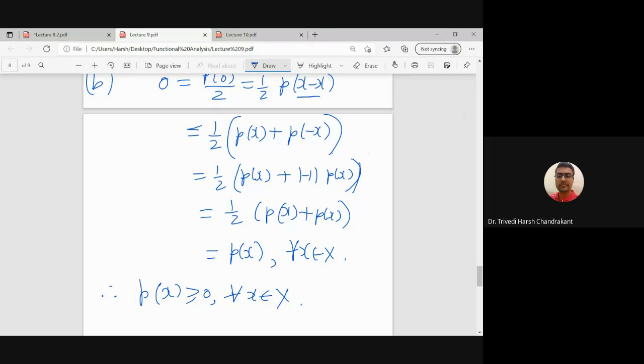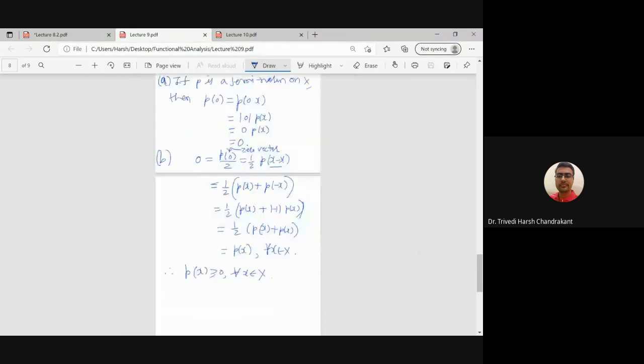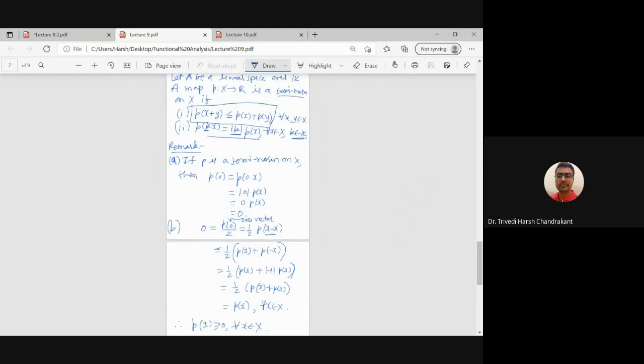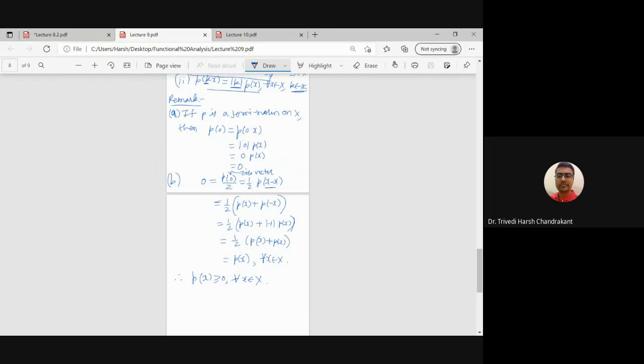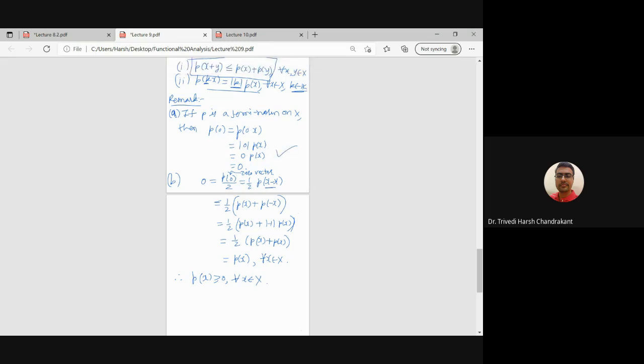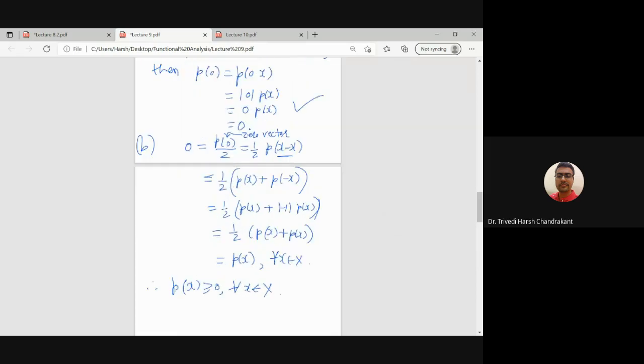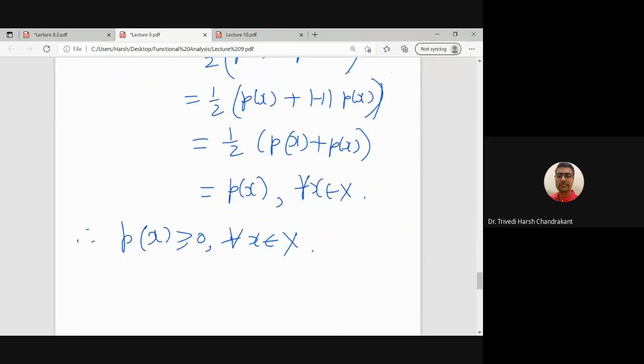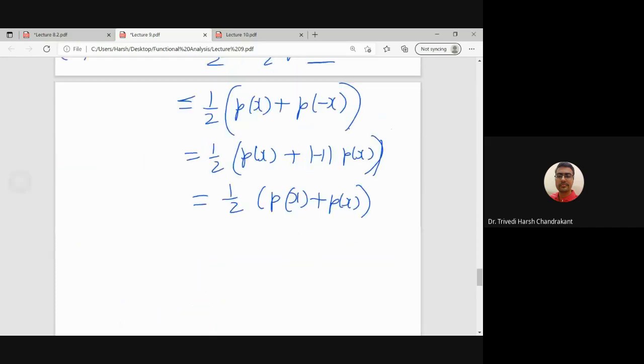So if we now compare the seminorm properties with the norm properties, then seminorm satisfies all the properties of norm except the converse of this. Here we proved p of the 0 vector is 0, but the converse is not true. That means p of x is 0 implies x equals the 0 vector does not hold. Right. So let us take that as remark C.